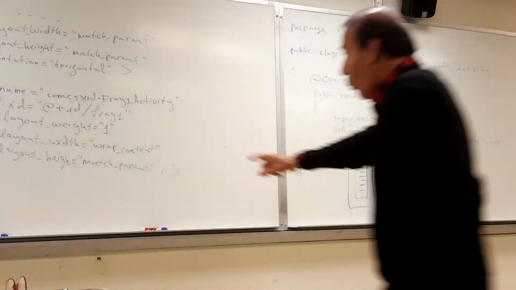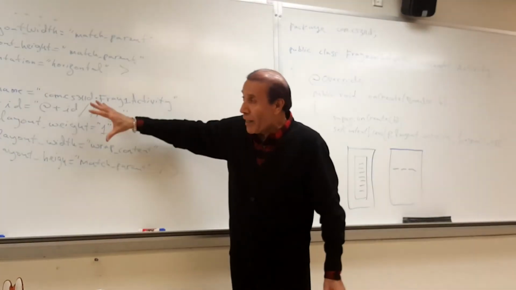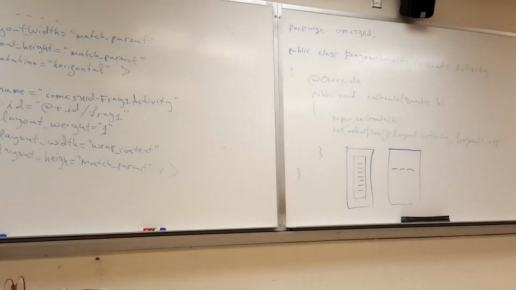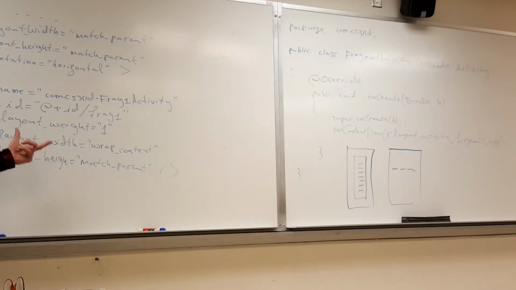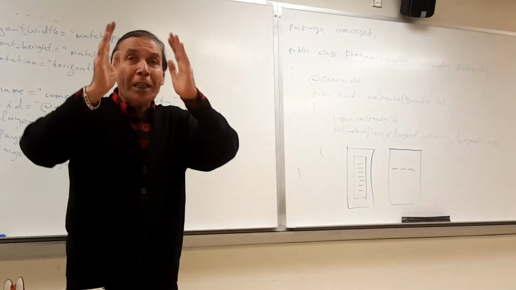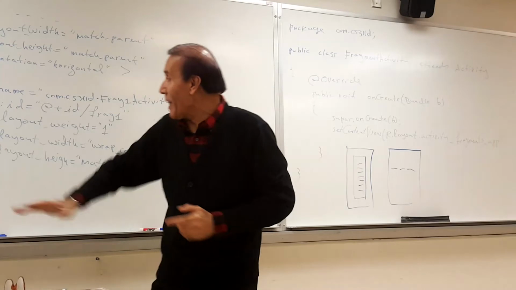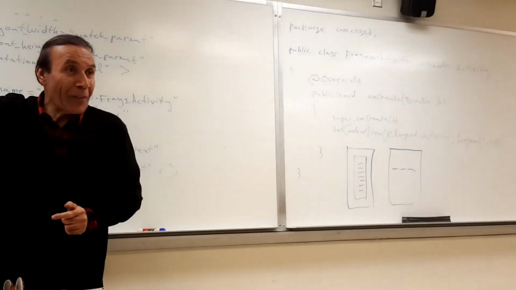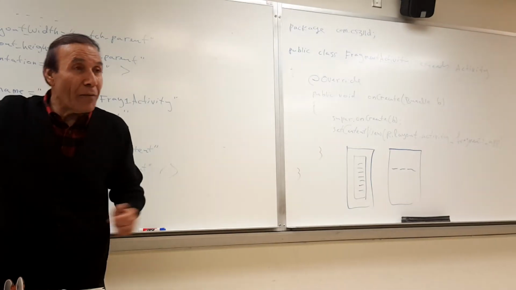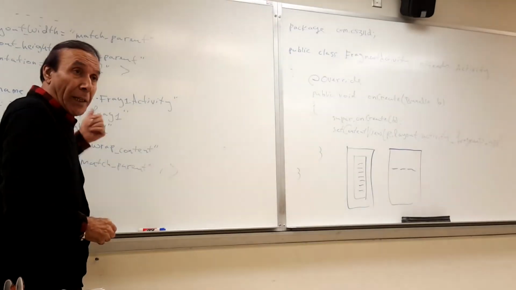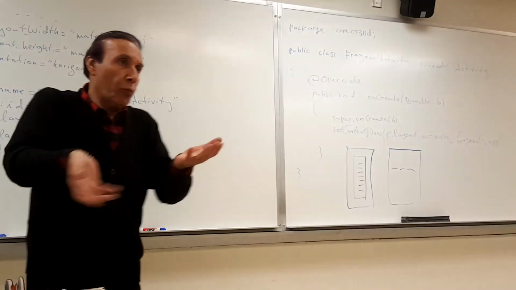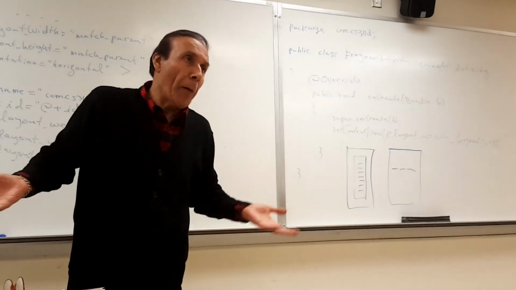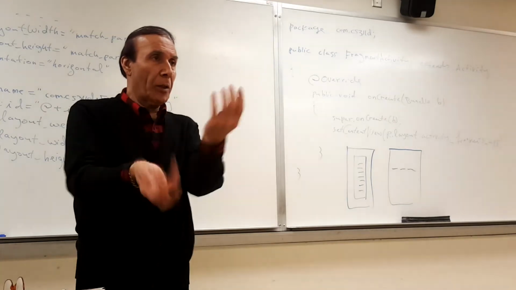So the weight of this is more than the weight of that, which means this is going to use more screen than the other one. If you look at the screen, the big part is designated for that, and the small part for that. If you give, for example, 0 and 0, it means no priority. Same with 1 and 1. This is the way that you do it.